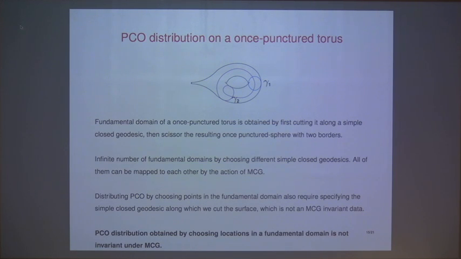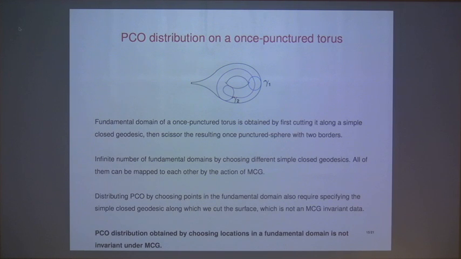The reason is that let us go back to the once punctured torus and see how we obtain a fundamental domain. We need to choose a simple closed geodesic on the once punctured torus and then cut the once punctured torus along that simple closed geodesic. And that gives us a sphere with one puncture and two borders.